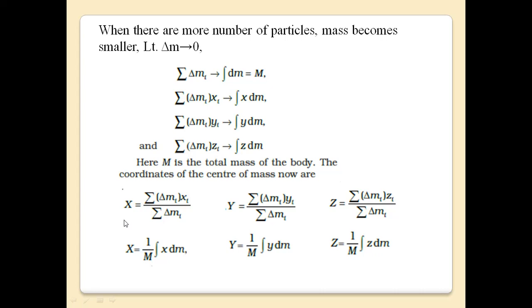Therefore, the coordinates become X equal to sigma delta mi xi by sigma delta mi, which changes to integral x dm in the numerator, with capital M in the denominator. In the same way, Y is equal to 1 by capital M integral y dm, where capital M is the mass of the entire body, and Z is equal to 1 by capital M integral z dm.